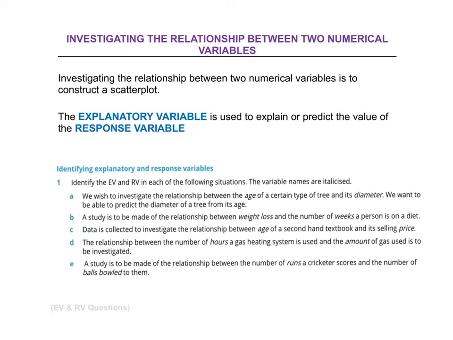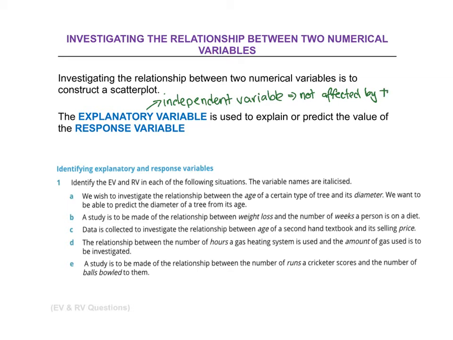The explanatory one is used to explain or predict the value of the response variable. For example, with your weight and your height, the explanatory one is also known as the independent variable, and you might have heard that in science. It's often the one that is not affected by the other.